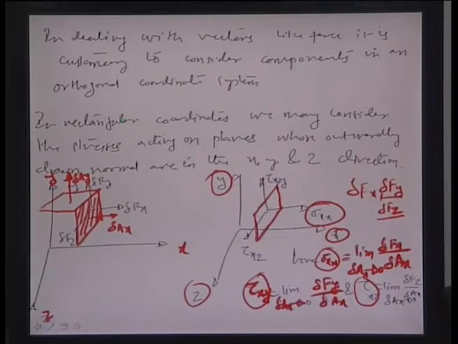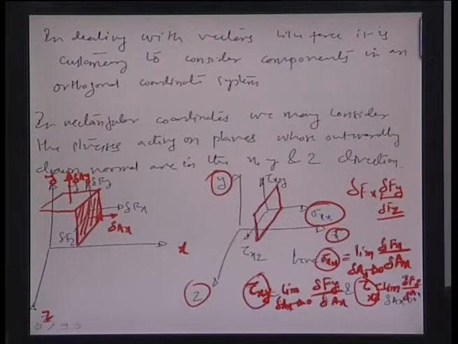Okay. This is the limit of delta A x, and similarly this again is a representation where you are considering tau xz, meaning the shear stress due to a force in the z direction on an area pointing towards the x direction. The second term is the direction of the force in this subscript here, and the first term is the direction of the area vector.